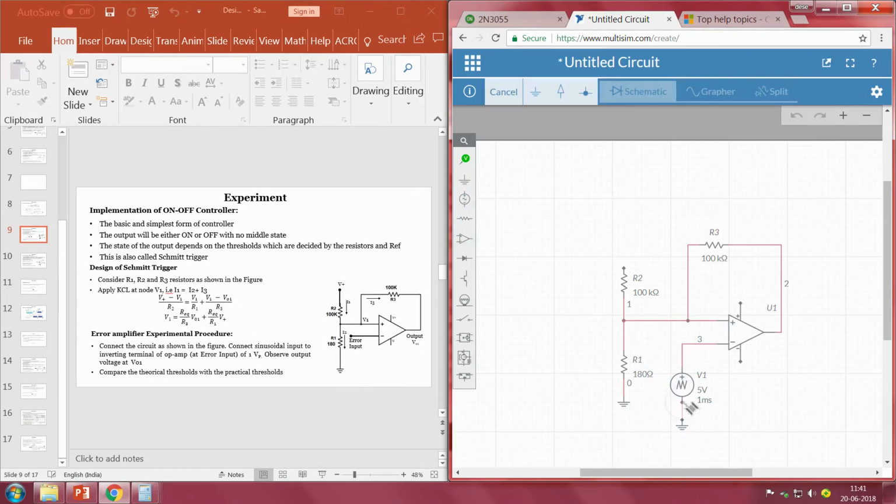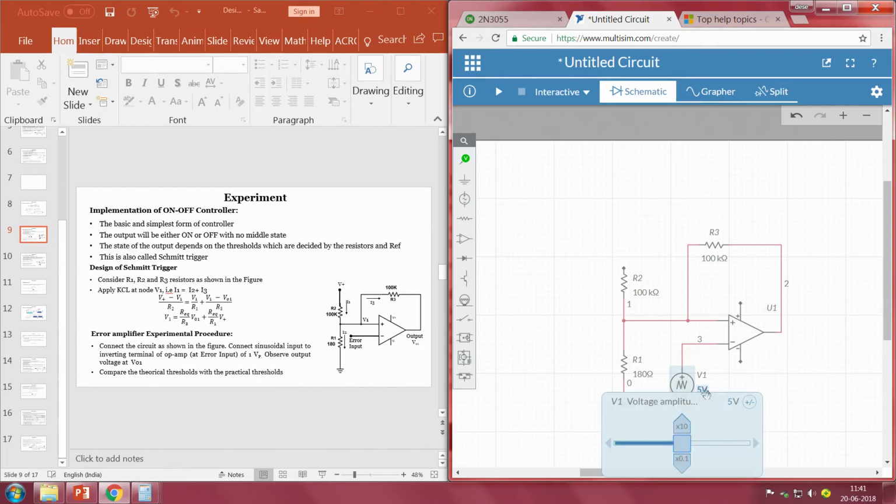The voltage should be, let us say, 20 as the maximum amplitude, because the thresholds are 15 point something and 14 point something, the lower and higher. So, the input voltage should always be greater than that.